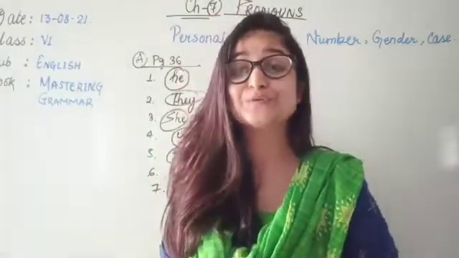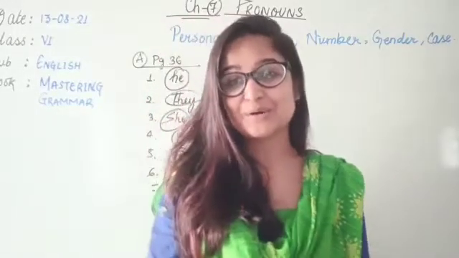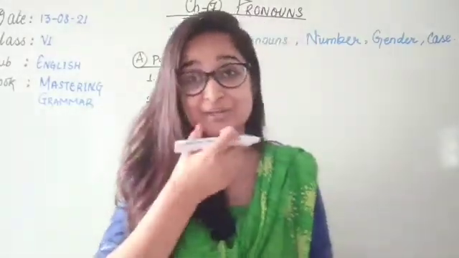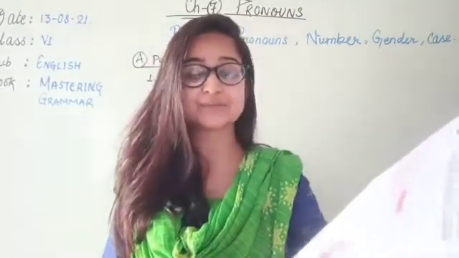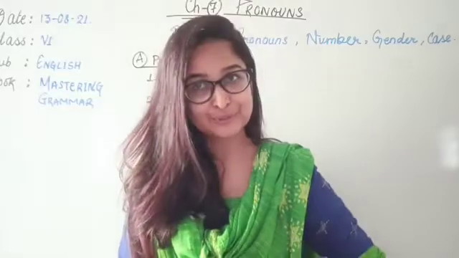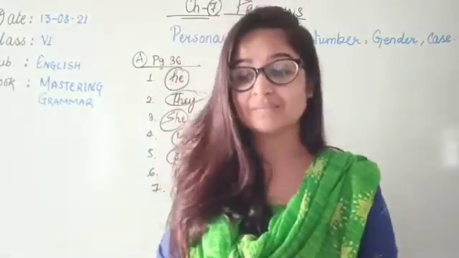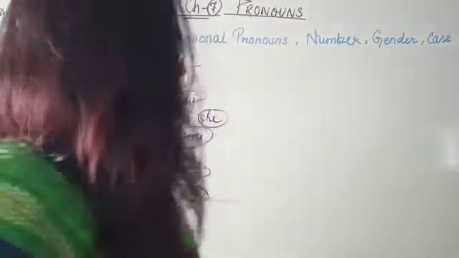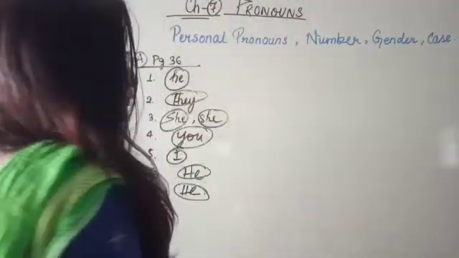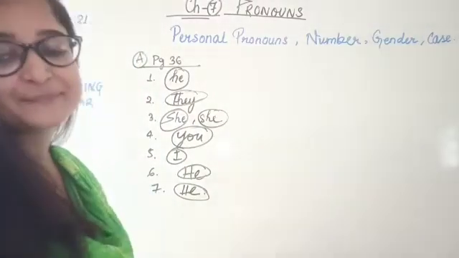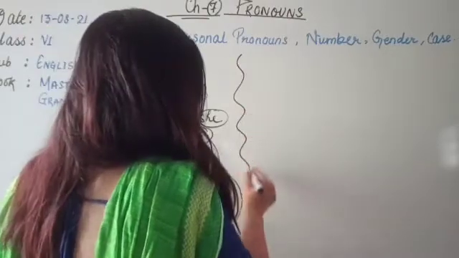Now children, moving to the different kinds of pronouns. We have learnt about nouns, we have learnt about the different kinds. Now we are going to learn about the different kinds of pronouns. So the pronouns are basically of 10 kinds. Yes, I know there are a lot of them. Do not complain. I will be writing it here only.